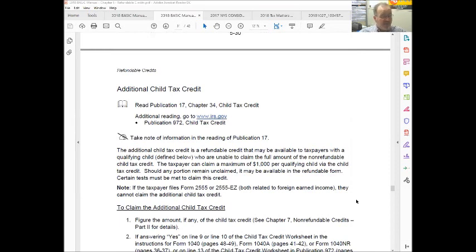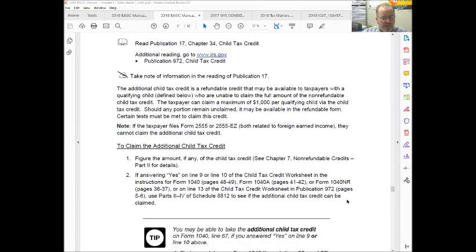$1,000. So if I have no tax bill, my income after the standard deduction is zero, and I have a child, then I don't have anything that $1,000 child tax credit is going to eat up. All $1,000 can come to me refundable in my tax return. Okay, so that is the additional child tax credit.